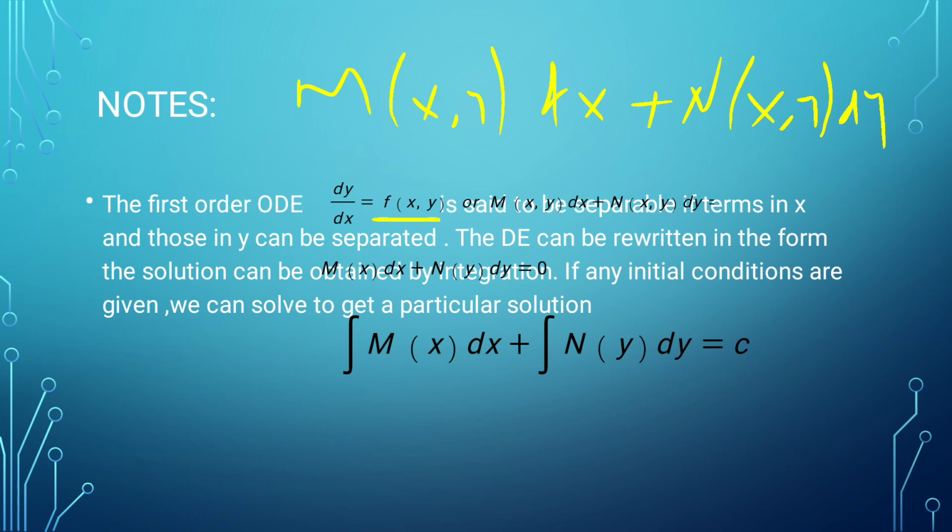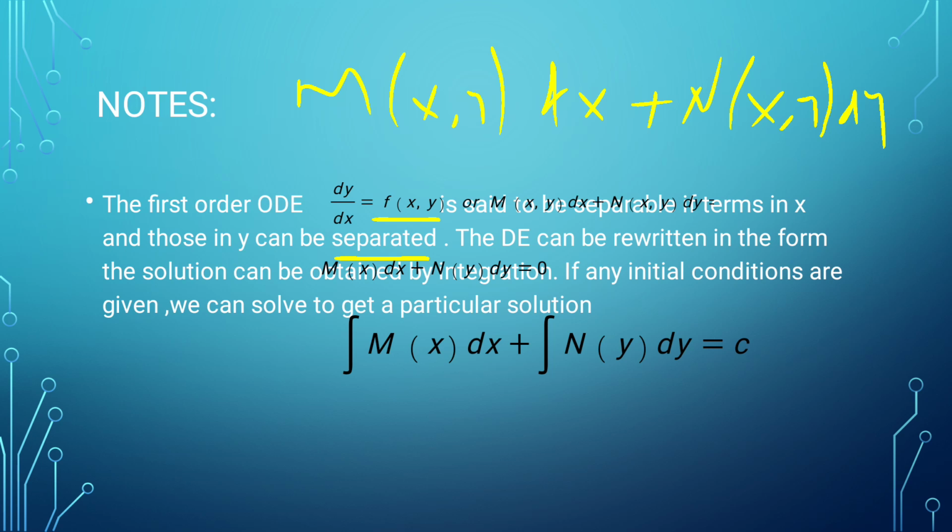This form of ODE is said to be separable if the terms in x and those in y can be separated. So if you can separate the terms of x and y, then you say that kind of ODE is separable.